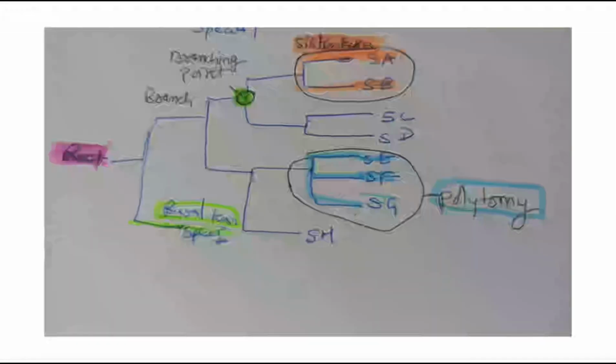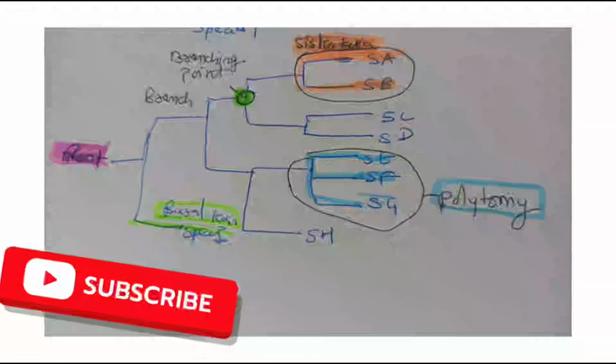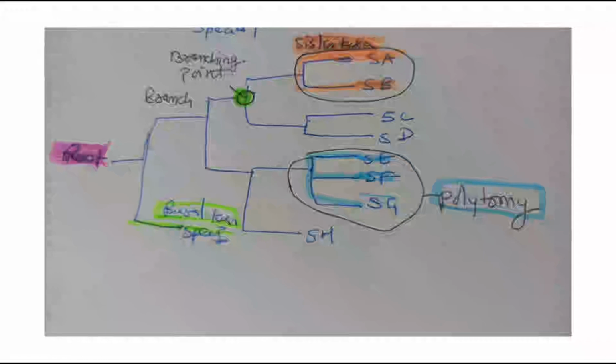Then a polytomy. What is a polytomy? It is a branch of more than two species. Polytomies appear when we don't have enough information to determine the branch placements. So how can we read a phylogenetic tree? Each branch of a tree represents speciation, or the formation of a new species. The new lineage has different characteristics than the species before it.